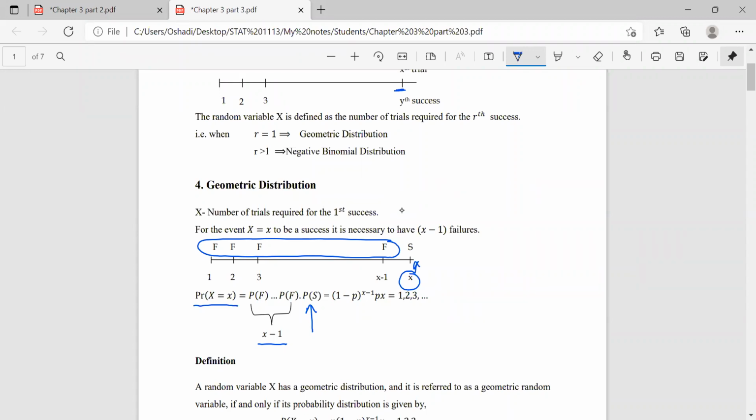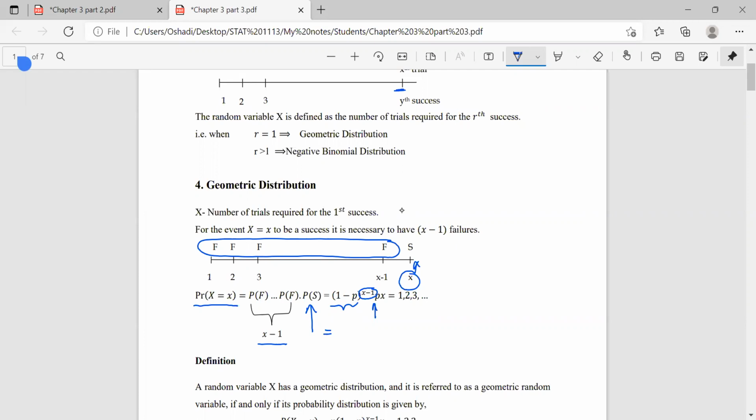So X minus 1 trials are the failures, so the probability is 1 minus P. And the last, X-th trial is a success, the probability is P. So there should be a space here, right?